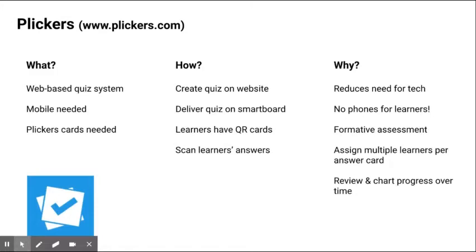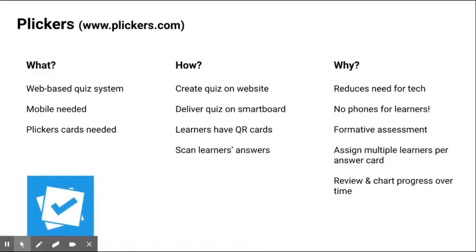You can assign multiple users to a single card, which again reduces the time taken for setting this up. And similar to Kahoot, the questions that you create can be reused, amended, modified, edited, so you don't have to keep recreating assessments and questions for the same topic.